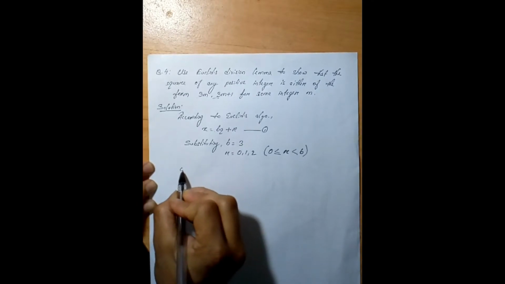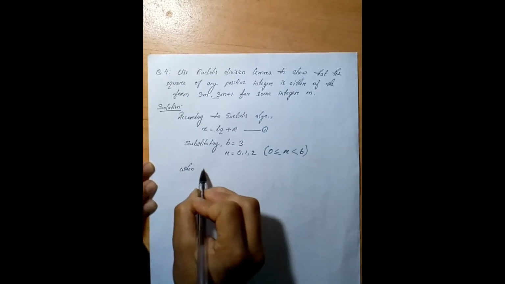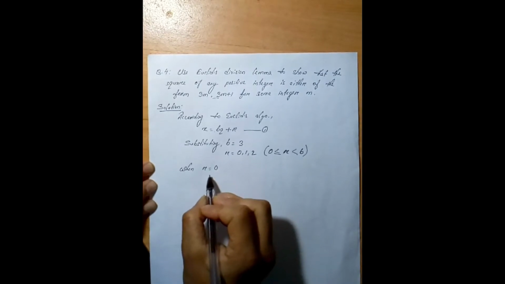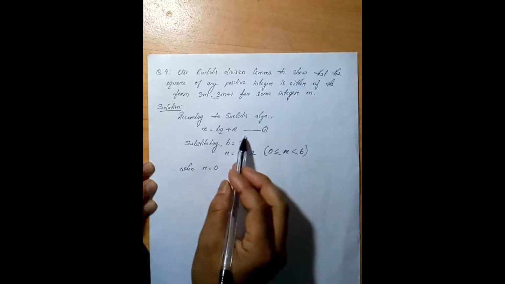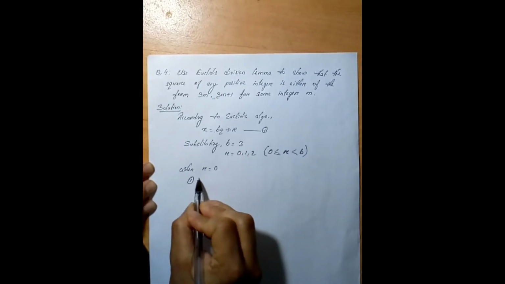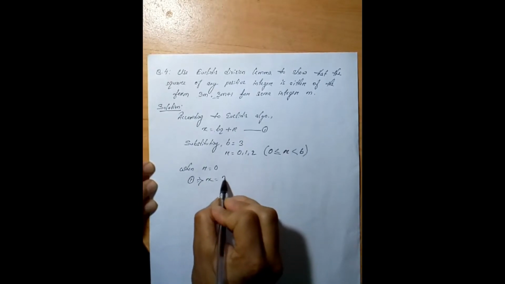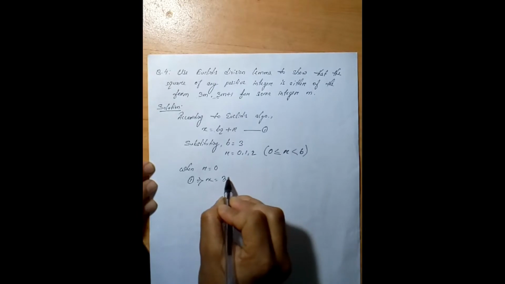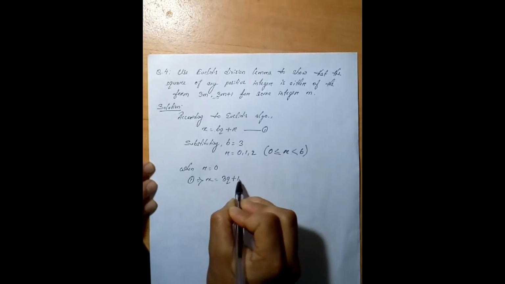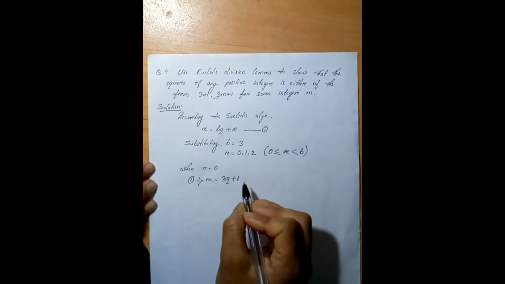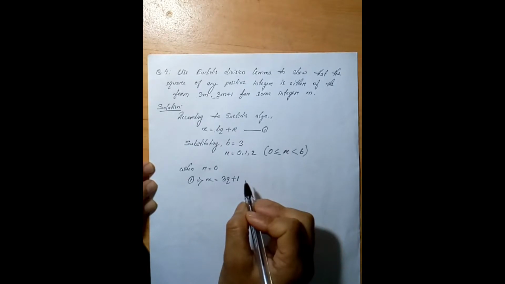So when r is equal to 0, we will use equation 1. Equation 1 implies x is equals to 3q.